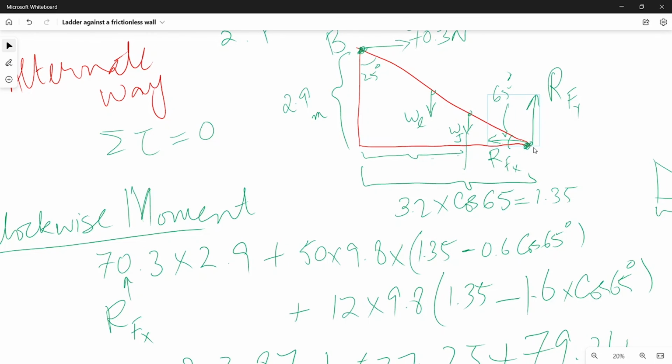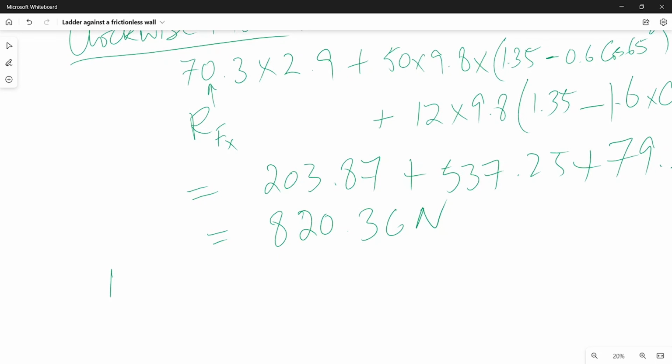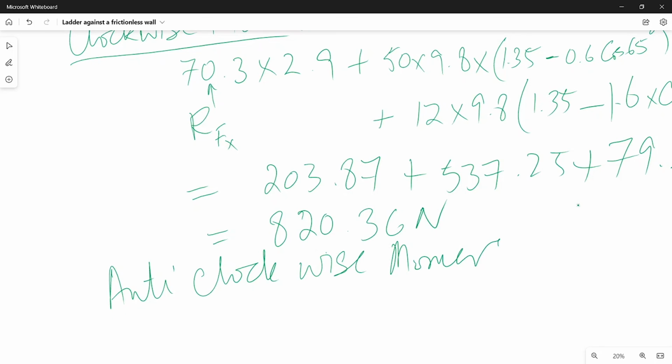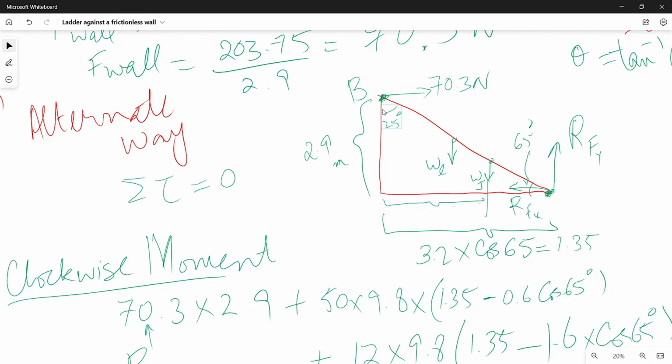Now we would do this RFY, and we know the 90 degrees distance between the pivot and RFY is actually 1.35. So we would say now anti-clockwise moment. So again, anti-clockwise moment, this is our pivot and this is caused by the RFY.